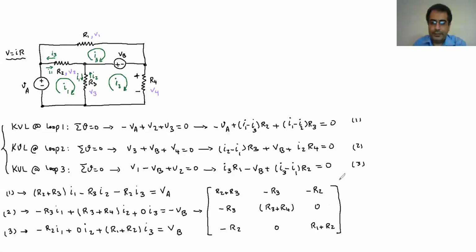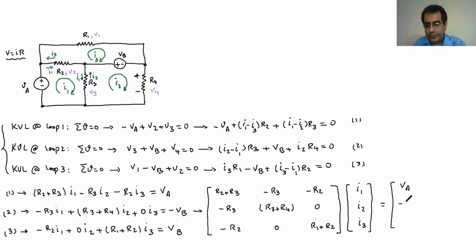And then the unknown matrix is going to be I1, I2, I3, and the constant values are going to be VA, negative VB, and VB.